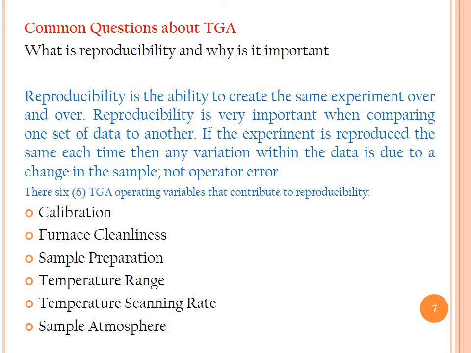If the results are within a certain limit defined by various regulatory bodies, then the method is reproducible. The six TG operating variables that contribute to reproducibility are: calibration, furnace cleanliness, sample preparation, temperature range, temperature scanning rate, and the sample atmosphere that is going to be analyzed.